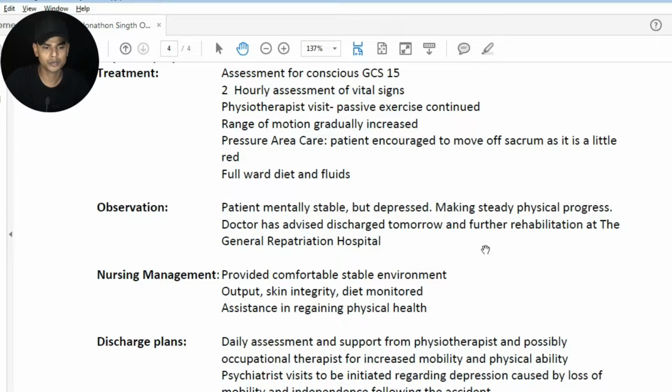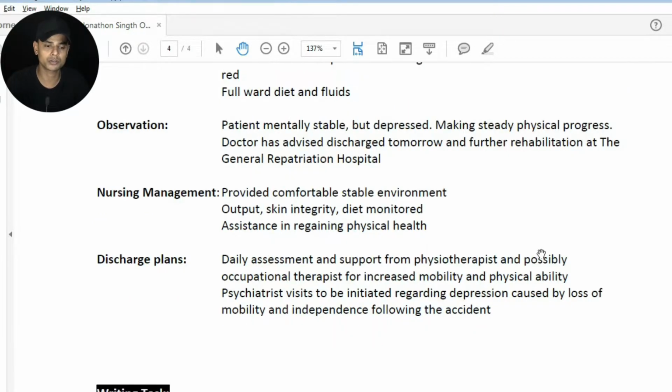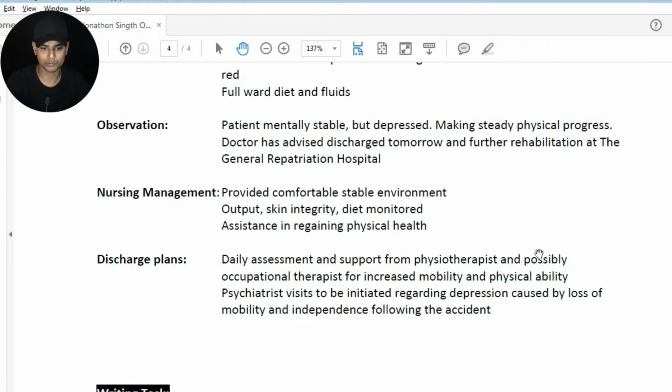On nursing management, you can see provided comfortable, stable environment, output, skin integrity, diet monitored, assistance in regaining physical health. Okay, so this is the discharge plan. Daily assessment and support from physiotherapist and possibly occupational therapist for increased mobility and physical ability.